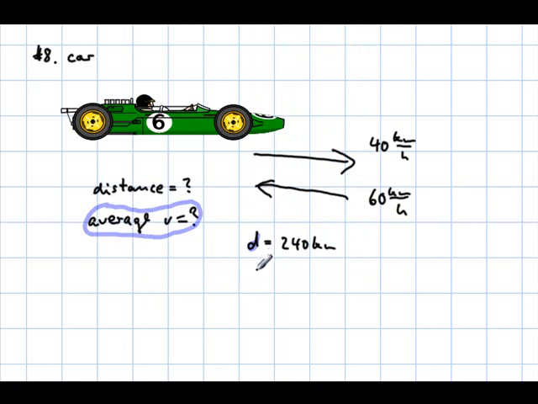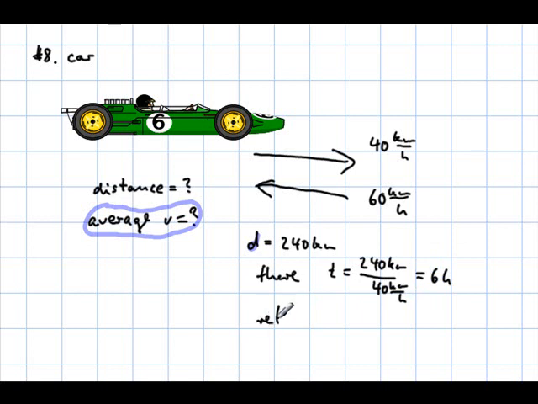So on the way there, with d equals 240 kilometers, the time it takes is 240 kilometers divided by 40 kilometers an hour. Of course, we can do that in our heads too. That takes 6 hours.